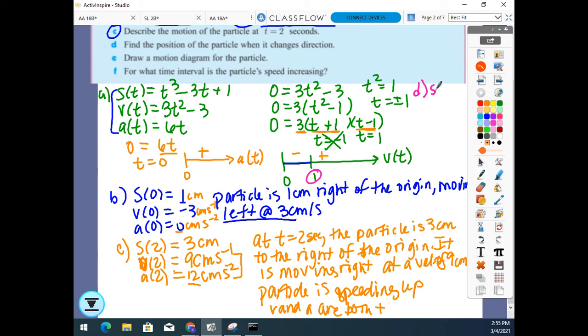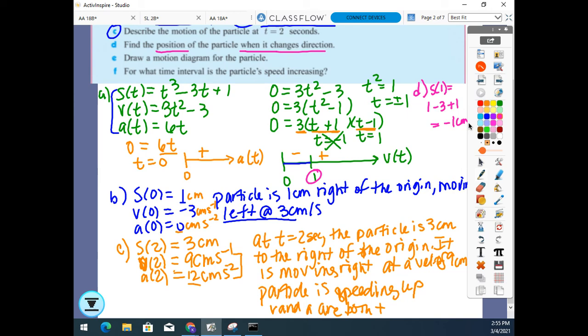So the position when it changes direction is just S of 1. If we plug 1 into our position function, that's 1 minus 3 plus 1. That's -1 centimeters.